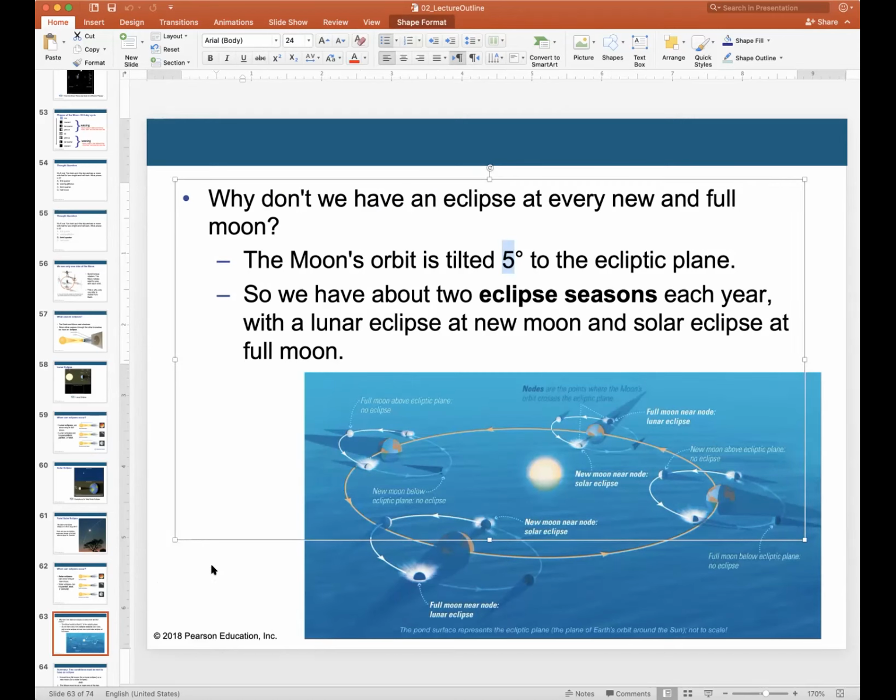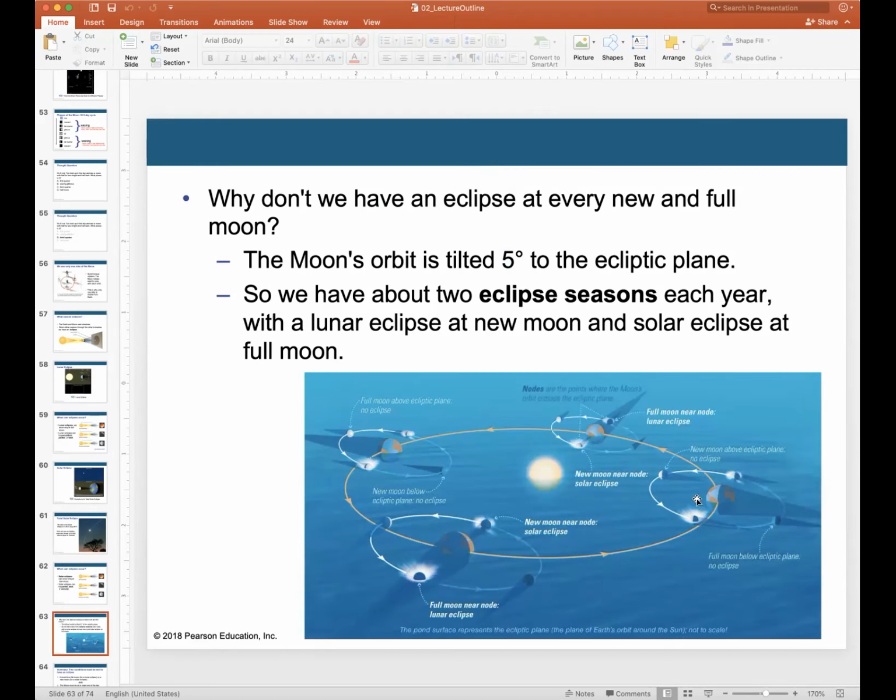So if this is the ecliptic plane, or the orbit of the Earth around the sun, this angle is 5 degrees. This is the orbit of the moon around Earth. This angle here between the moon's orbit and the ecliptic plane is about 5 degrees.